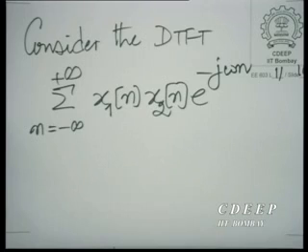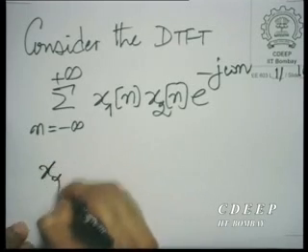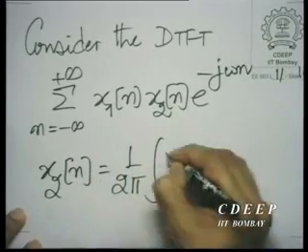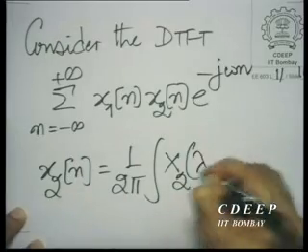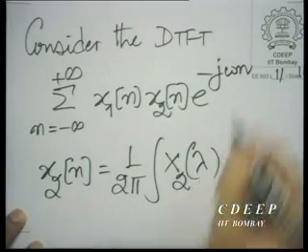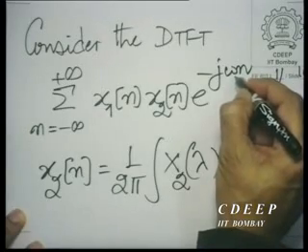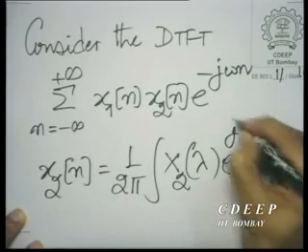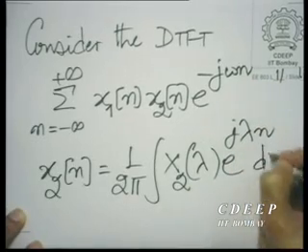We are assuming, otherwise it has no meaning to discuss this. All that we do is cleverly replace one of them by their inverse DTFTs. So, we write down x2[n], for example. You could do it the other way too, but we will write down x2[n] as, now here we can't write omega because you already have an omega there. So, we must use another variable of integration here. Let us use the variable lambda.